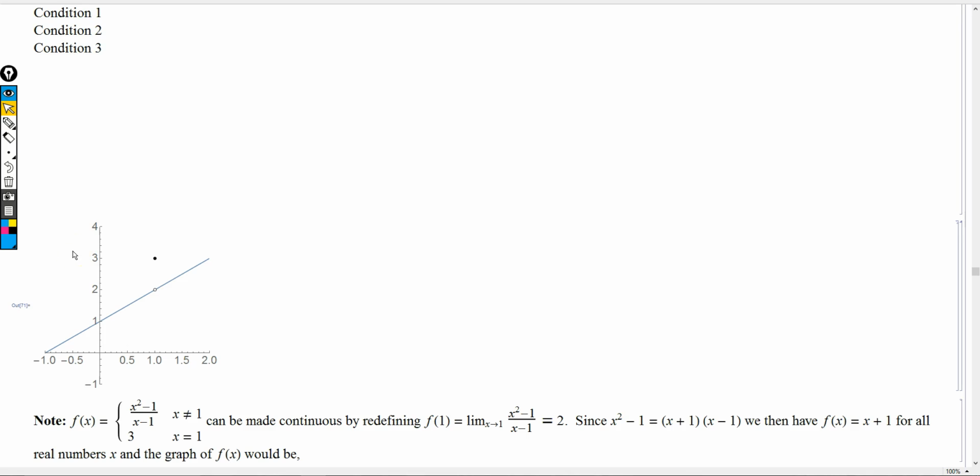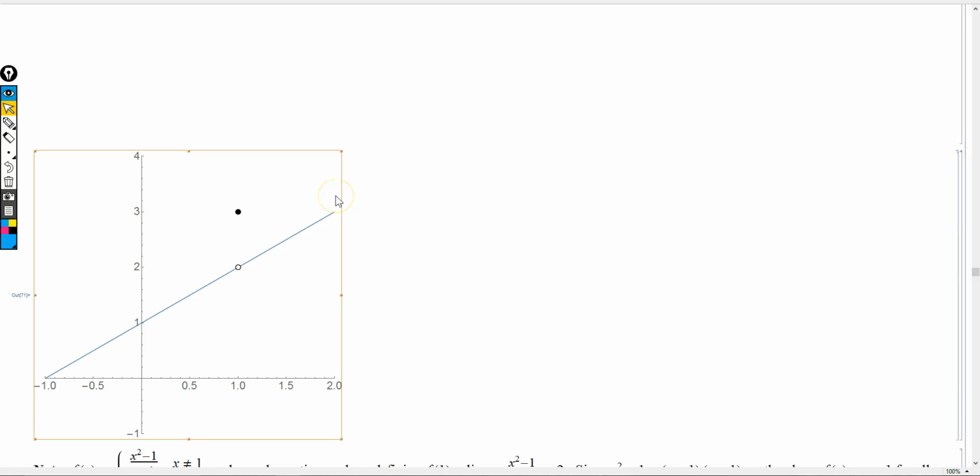So here's what the graph of this function looks like. You notice if I try to graph it with my pencil, I do have to pick up my pencil, fill in that little dot, come back, and keep going. So we see that this is not continuous by our intuitive definition, and it's also not continuous by our precise definition.